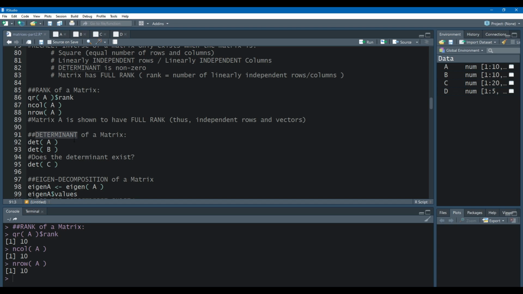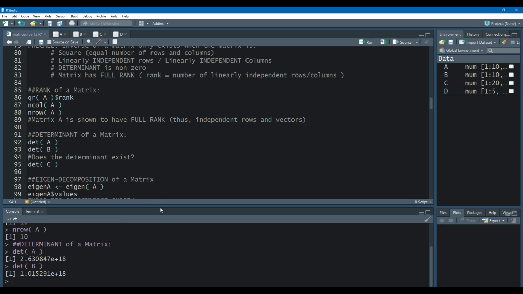So you have to have a square matrix, you have to have a linearly independent matrix, and all the determinant shows is it's like a stretching factor. It's a scalar, it's one number, and it shows how much a matrix has stretched from its base matrix. So if we take the determinant of A, we have 2.630847 and so on, a very long decimal number.